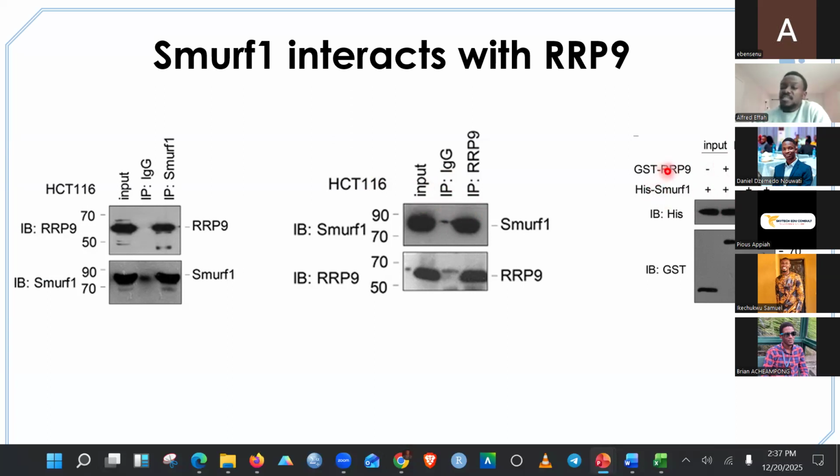So GST-RRP9 and SMURF1 directly interact. So this study used Co-IP and then confirmed with GST pull-down assay that yes, there is an interaction between the two. It's not just an interaction mediated by something else, but more or less a direct interaction. So that is what they saw.